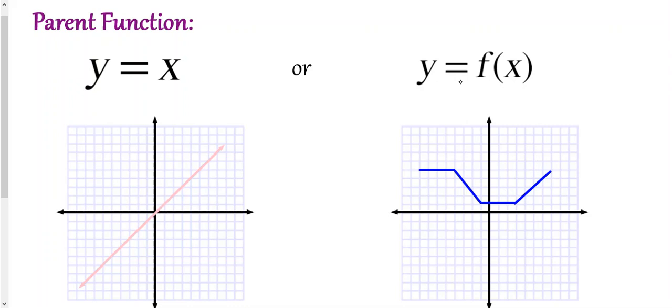In Algebra 2, you're also going to see parent functions written like y equals f of x. And f of x just means that it is a function. I just made this graph up, this blue line.